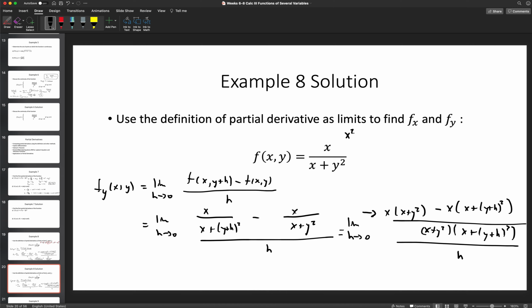So you get x squared plus xy squared minus x squared minus x times y plus h quantity squared. Immediately you notice that you can eliminate the x squareds from this expression. And we need to multiply out this other part here and distribute the x. So let's multiply it out and distribute the x.